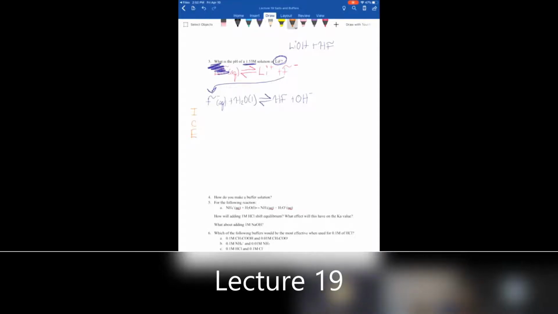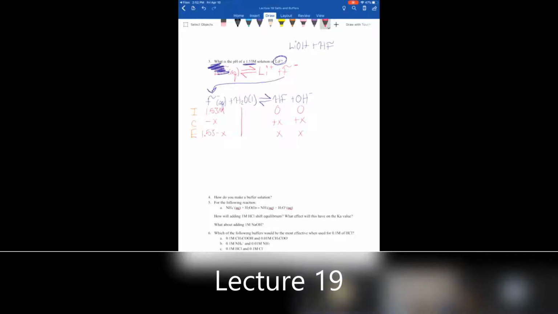So you've got 1.53 molar. Water does not count. And then you've got 0, 0, minus X, plus X, and plus X. So now bring it down: 1.53 minus X, X, and X. So what's one important thing that we're missing?